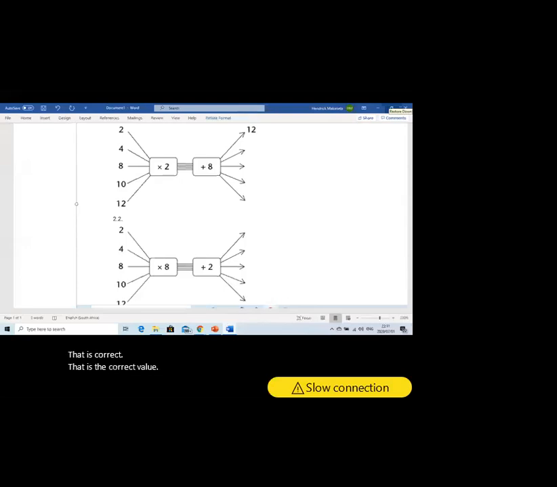And then for the next one, 10 times 2 is 20, and if you add 8 there, you get 28. Tlantla also agrees that if you multiply 10 by 2, you get 20, and plus 8, you get 28. So 28 is the correct answer there.